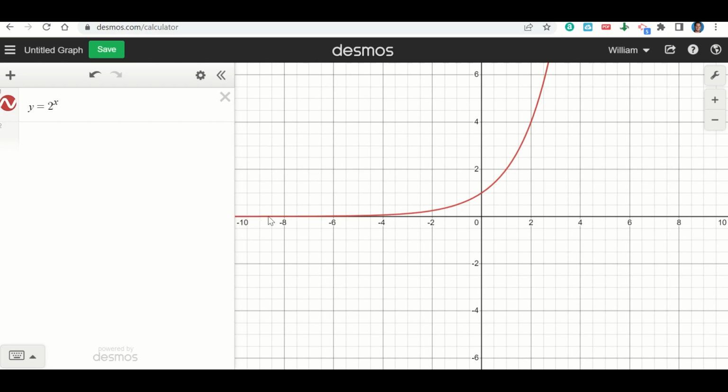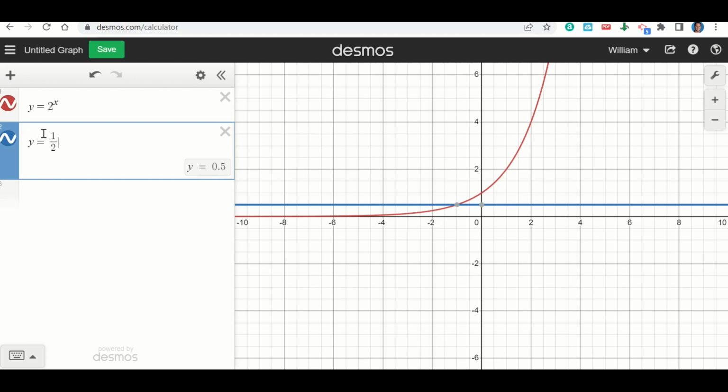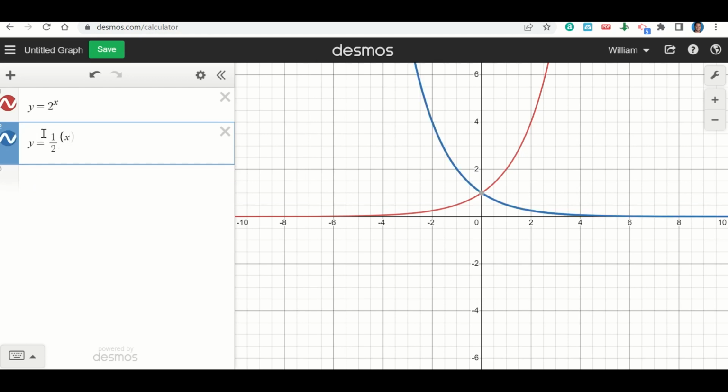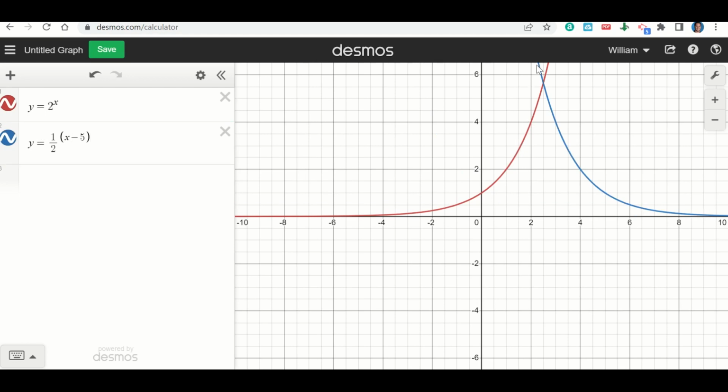Well, as we can see, it graphs it for us. It shows us what the curve looks like. And we can enter any equation in here. Let's say we had y equals 1/2 to the x minus 5 power. Well, now it has our new equation with our curve going down, and it is half as steep, right?